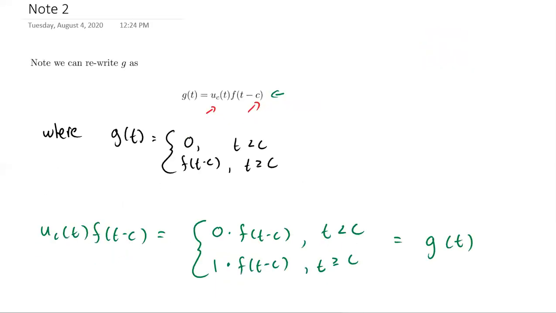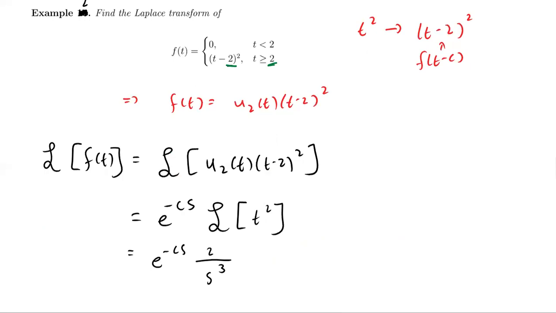That means that using the note, we can write this function as just u sub 2 of t, where 2 is the shift, times whatever shifted function we have, which is t minus 2 squared. Then by theorem 1, the Laplace transform of this product is just e to the negative cs, where c is 2, times the Laplace transform of the unshifted part of the function, which is t squared.